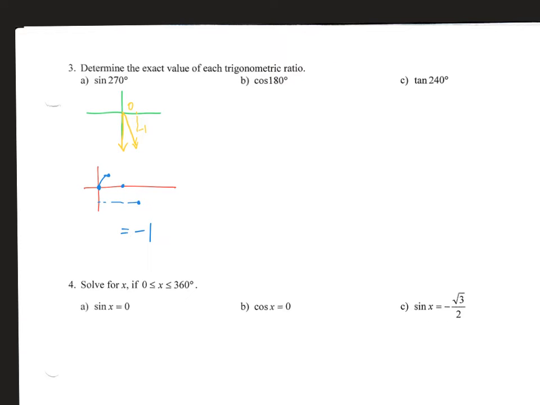So let's take a look at B. I recognize the angle value of 180, and that would put me on an axis. And so I'm going to think about my cos curve. Well, I know my cos curve starts at the top and falls. Now I can map my way through my cos graph to figure out the value of the function.